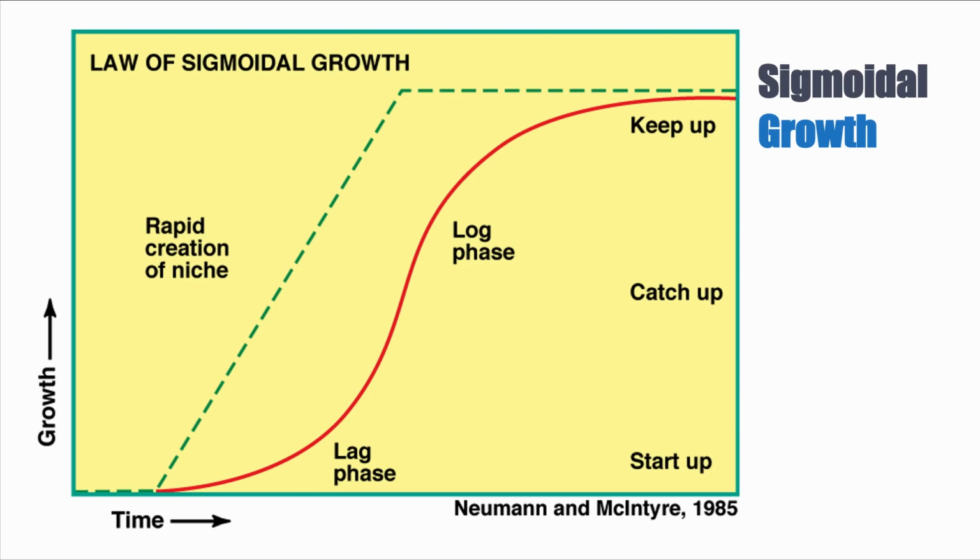And that's where the sigmoidal growth curve comes into play. Because the problem that any population, be it mice or carbonates, corals face, is that in order to colonize an environment, they need to reproduce. And that reproduction rate is proportional to the population size.